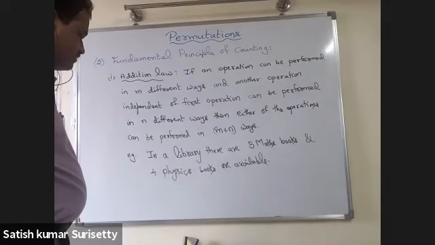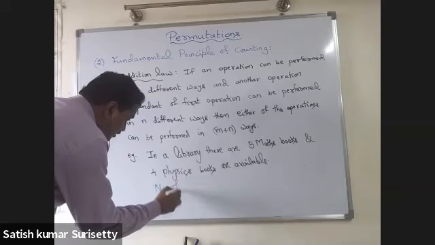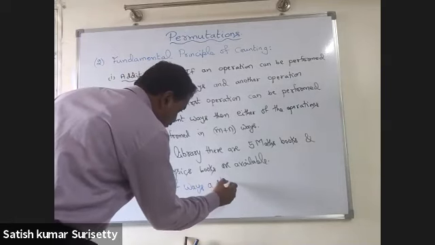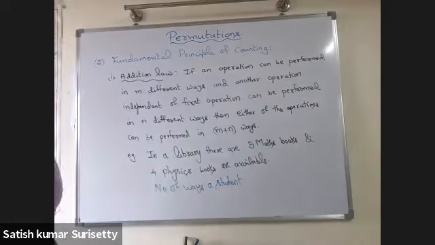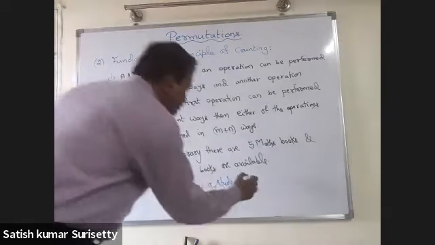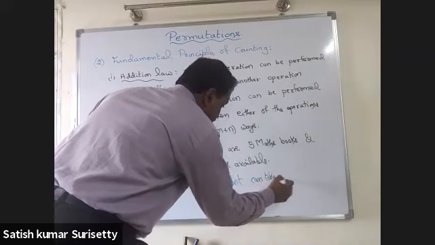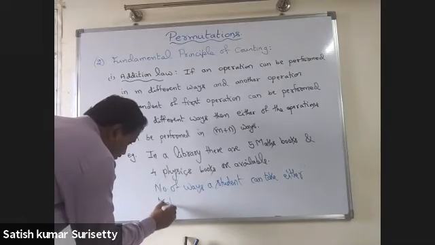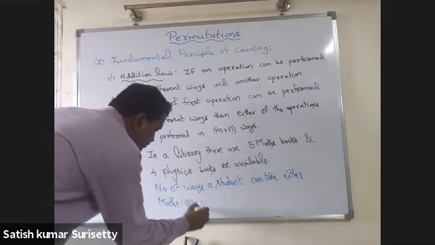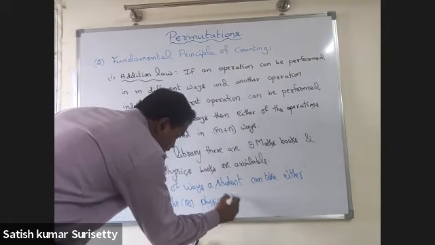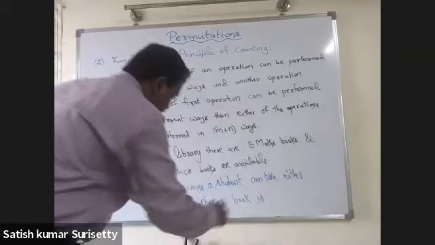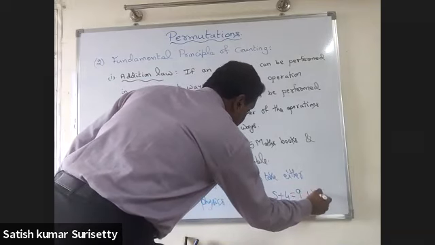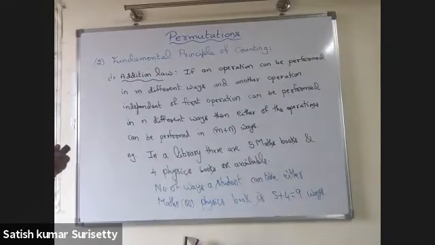The number of ways a student can take either a math or physics book is 5 plus 4, that is 9 ways. This is the addition law.